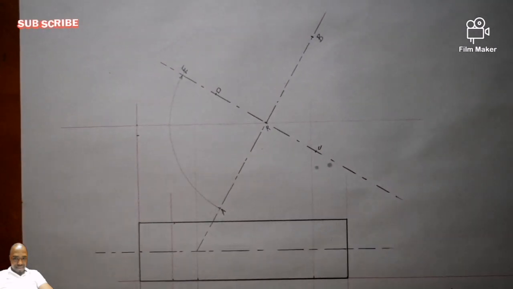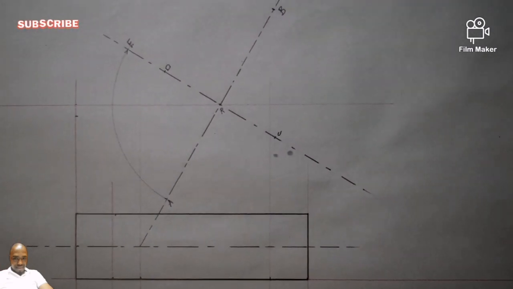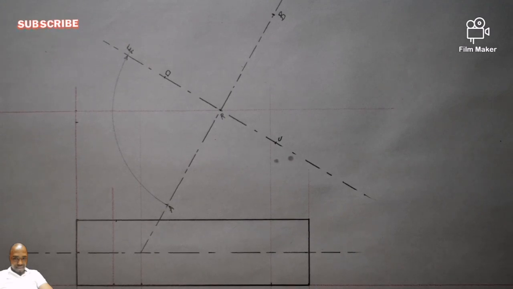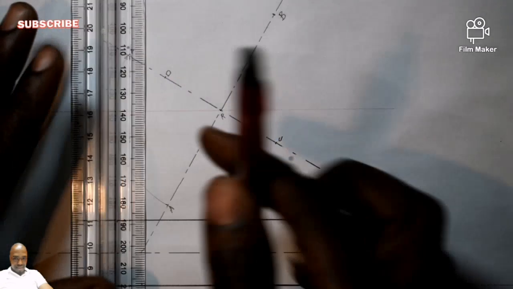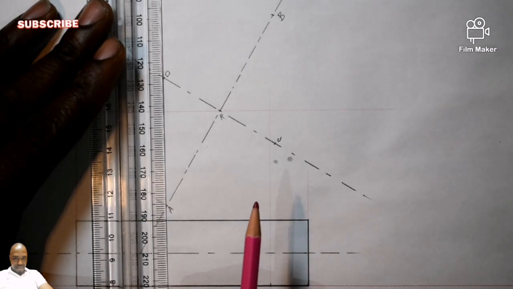So after point E, there is point F. To get point F, take your ruler and join point D back to A. Join it.